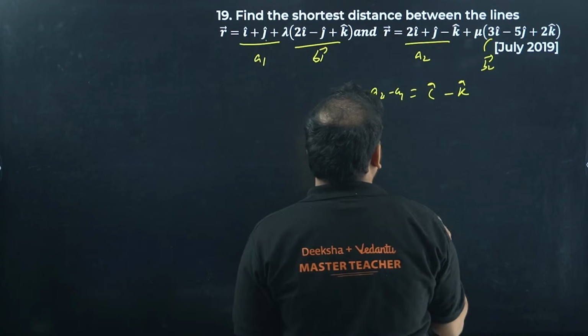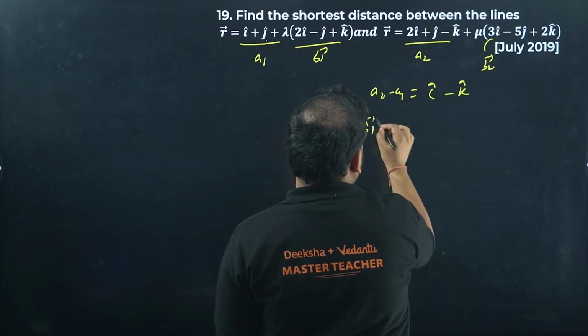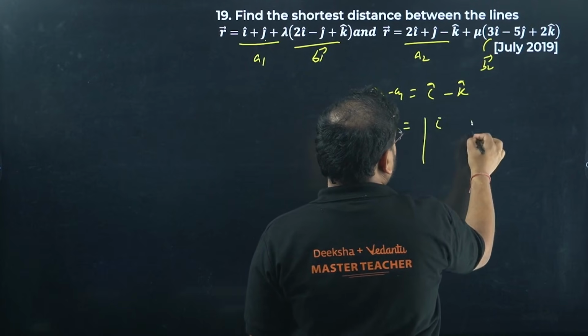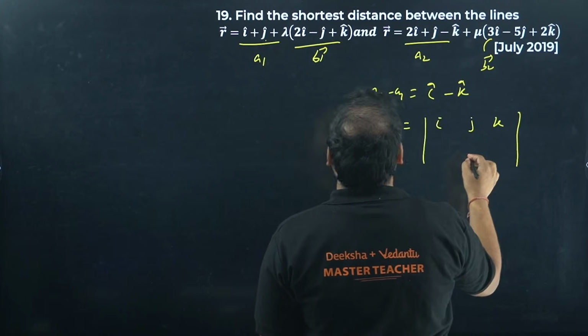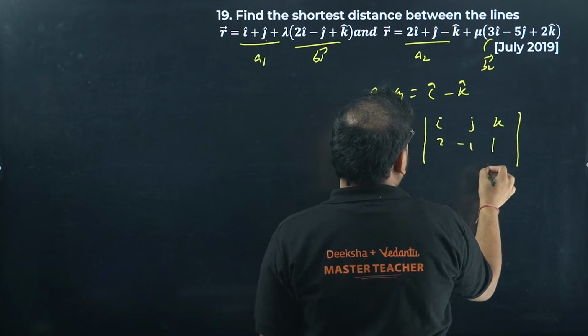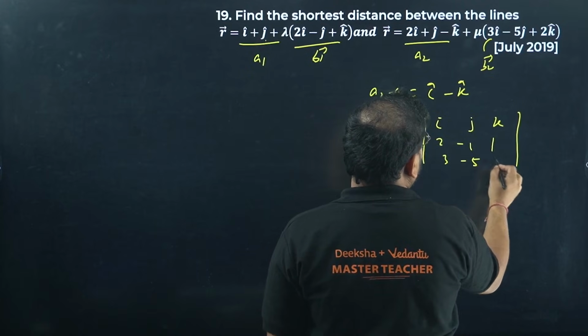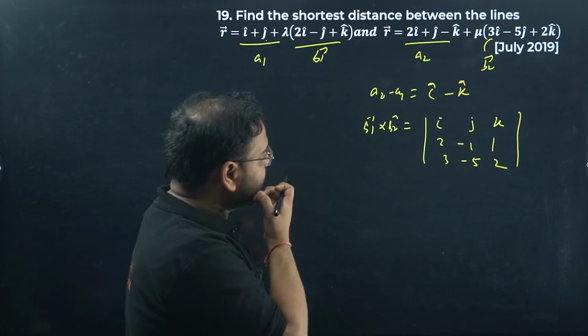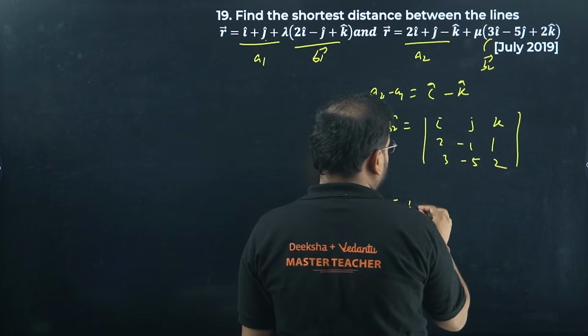Now let's find B1 cross B2. Same determinant with i, j and k. B1 is 2, minus 1 and 1, and B2 is 3, minus 5 and 2. Check here with i cap.